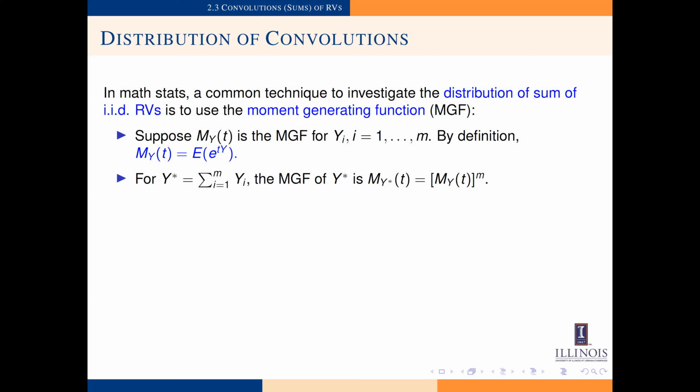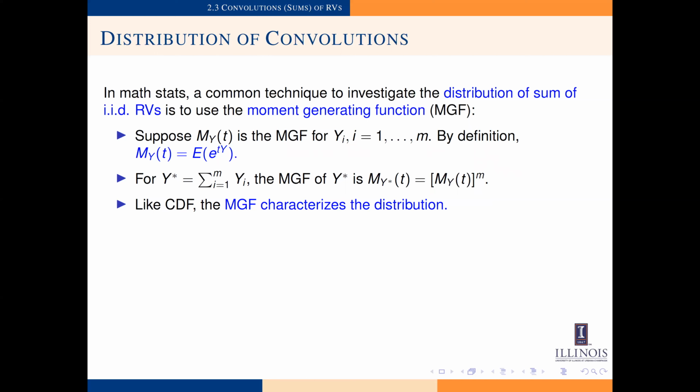So for our y star, which is the summation of the yi's, or the convolution of the IID yi's, the moment generating function of y star, My star of t, can be shown to be equal to My of t, the moment generating function of each individual yi, raised to the mth power.